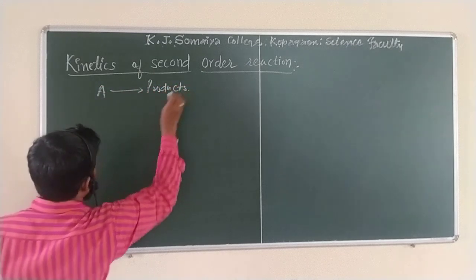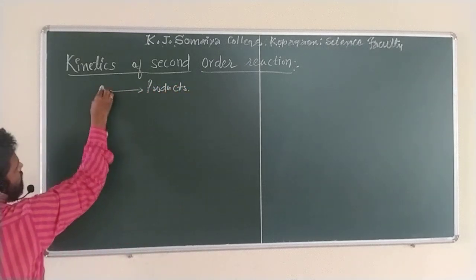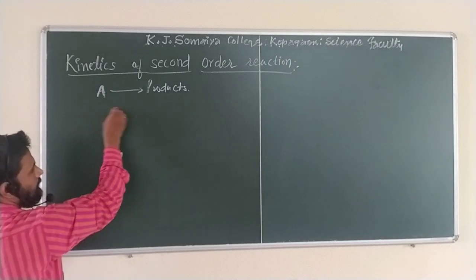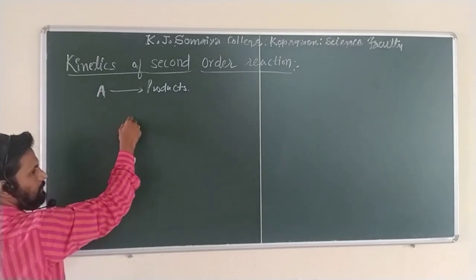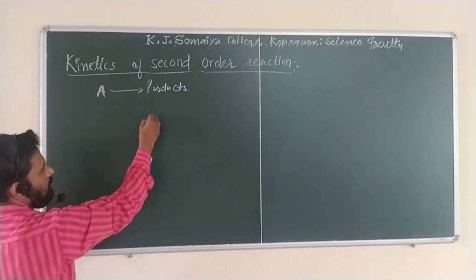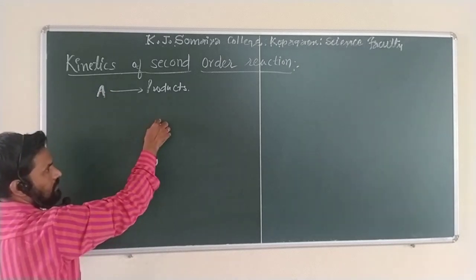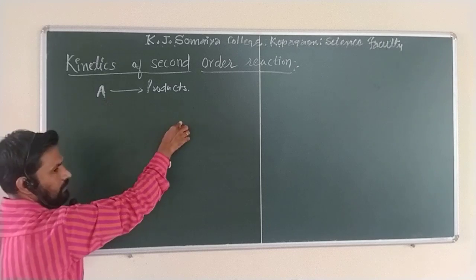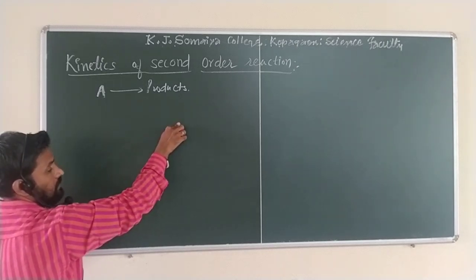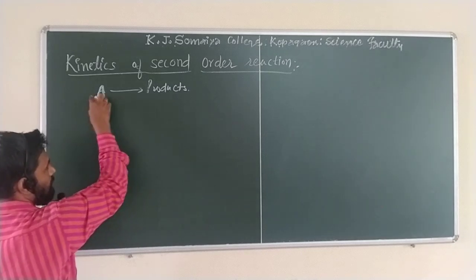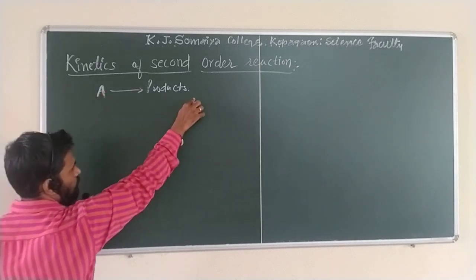When we write the rate, the decrease in the concentration of A with respect to time is equal to the rate constant times the concentration of A. What will be the power of concentration? Here 1 is there, therefore in the rate equation it comes as the power of 1.